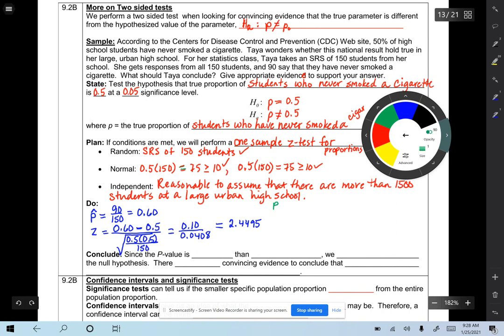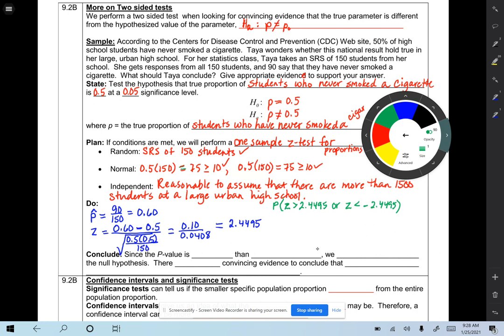Since this is two-sided, you could have z greater than 2.4495 or z less than negative 2.4495. So all you want to do is find the normal CDF for one side and just multiply by 2.